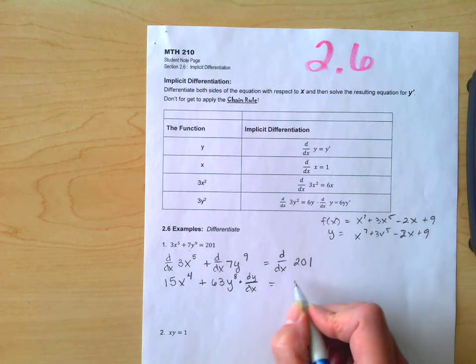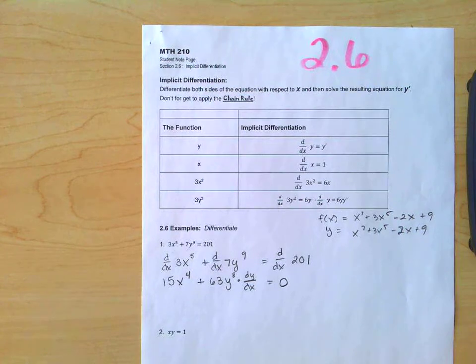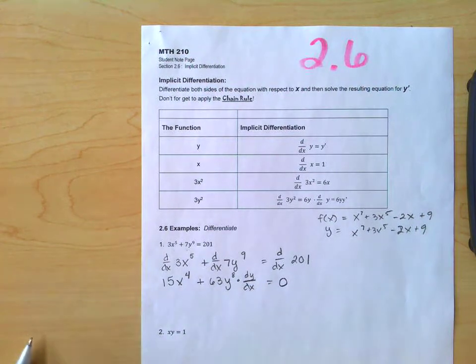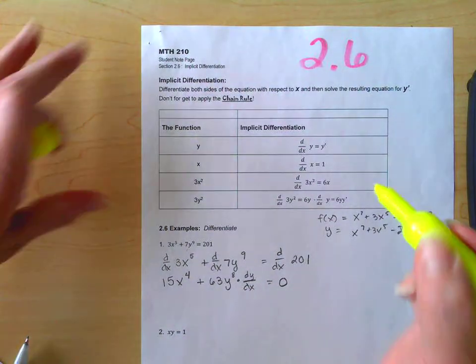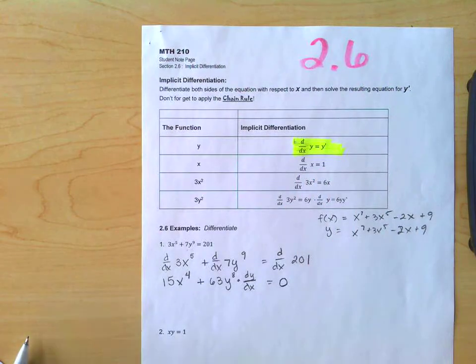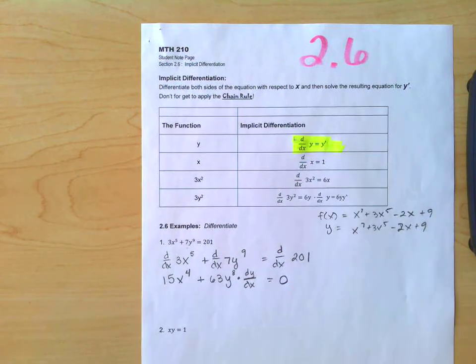The derivative of a constant is 0, so it would look like this. Another way of saying the derivative of y with respect to x is to simply say y prime. So we could replace this dy dx with the notation y prime.